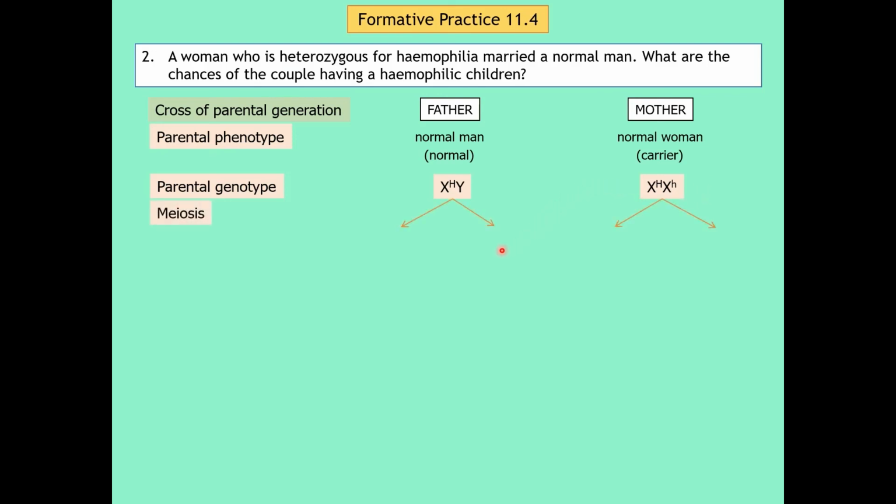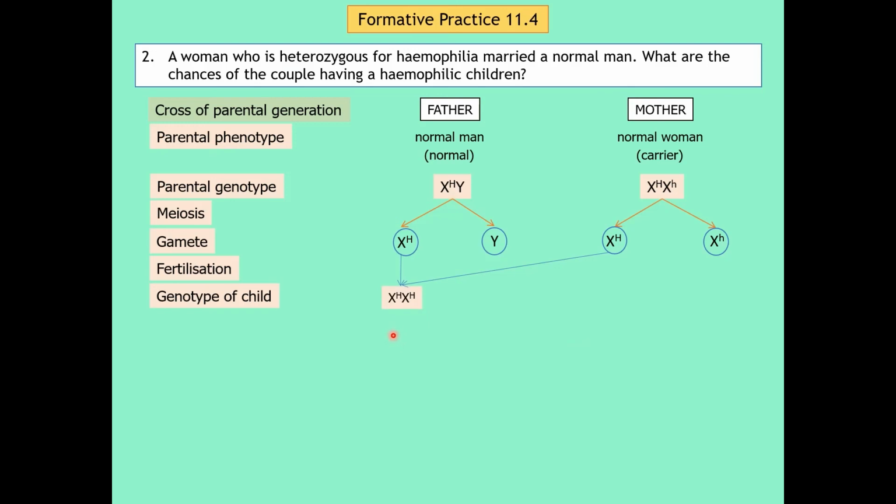For color blindness and hemophilia, both are sex-linked inheritance, so X and Y chromosomes must be shown when writing the genotypes. This is the gamete, fertilization process, genotype of child.